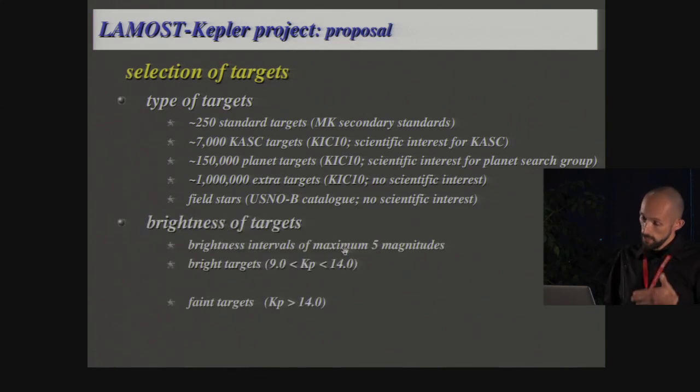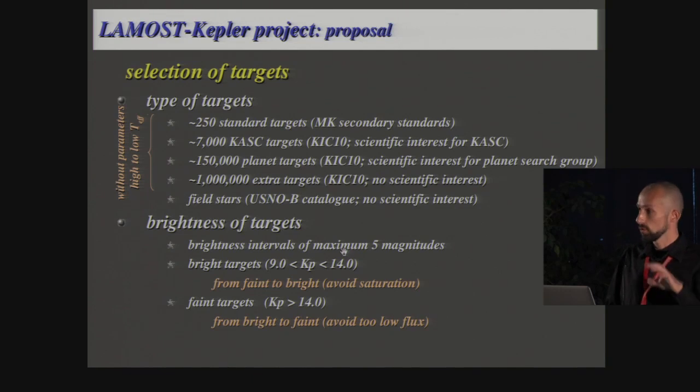We also prioritized the targets according to brightness. When LAMOST is doing an observation, it can only handle a brightness interval of about 5 magnitudes. So we made a distinction between bright targets and faint targets. The bright targets are those between 9 and 14, and the fainter ones are fainter, of course. Even within these groups, we made another prioritization.